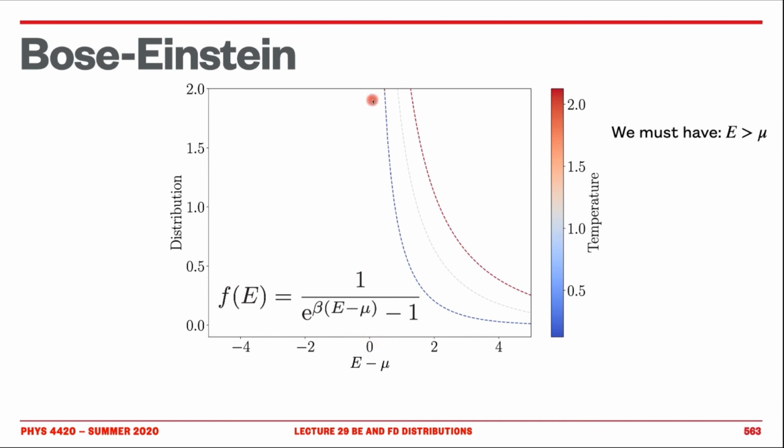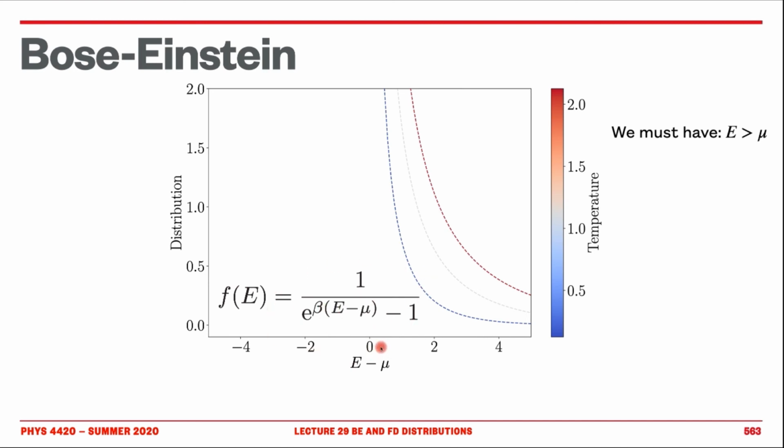So all this space here, the negative space, is not allowed. In other words, and this is an important result for the Bose-Einstein statistics, the energy of a boson must always be larger than the chemical potential. So if you pick the chemical potential mu to be equal to 0, all the energies have to be positive. And this is pretty clear from this.